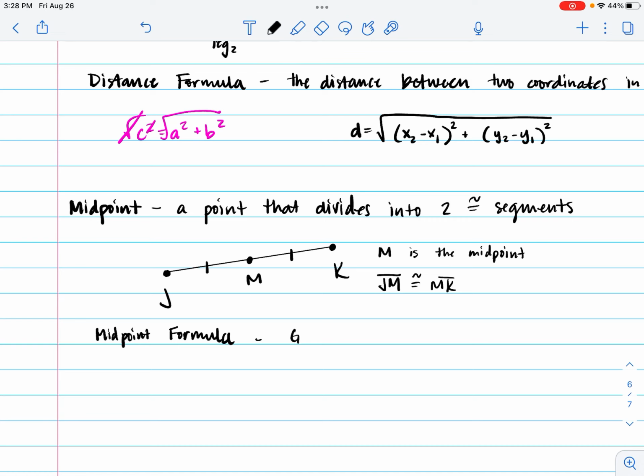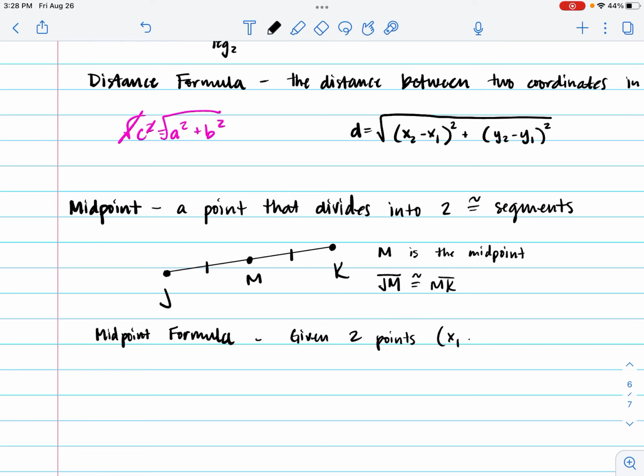It is used when we're given 2 points. Let's start this over.